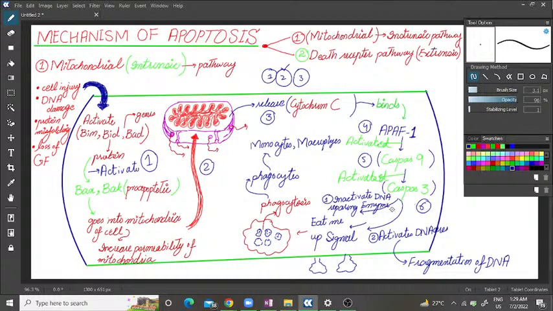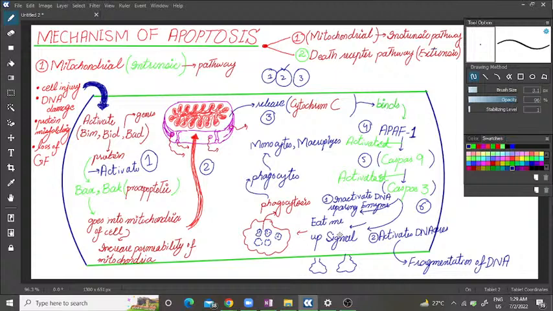Caspase causes the inactivation of the DNA repairing enzyme, because this cell is not going to survive anymore. So the second function is activation of the DNases, which causes the fragmentation of the DNA.